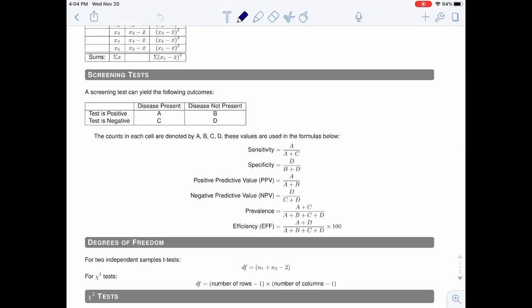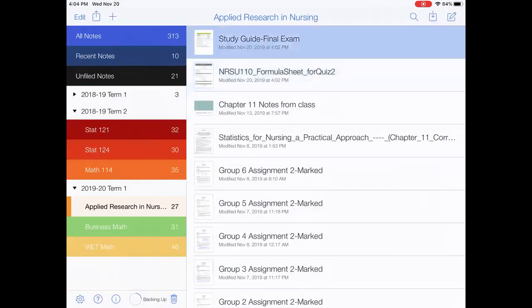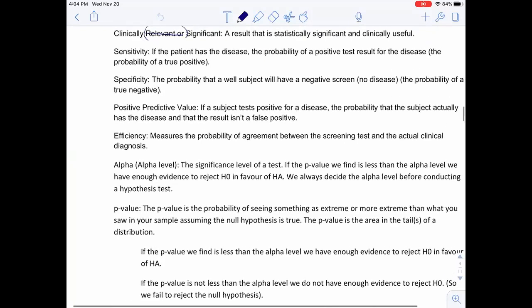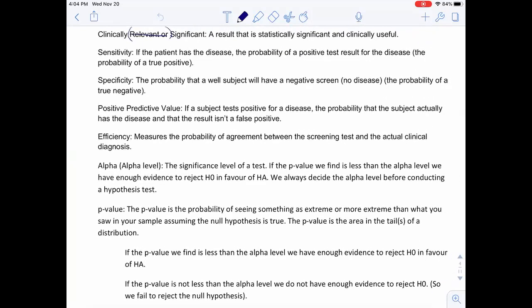So here we go. Specificity here is the probability that a well subject will have a negative screen, right? The probability of a true negative, right? So you can match that to the calculations, right? The calculations give you all those definitions.